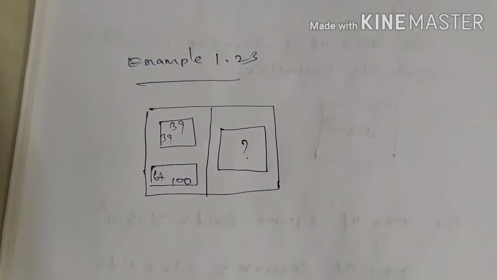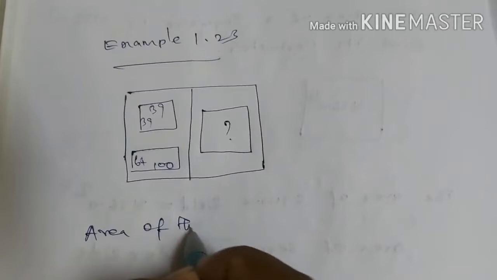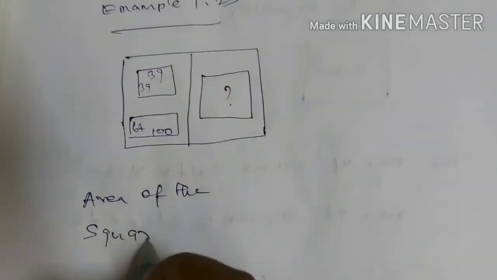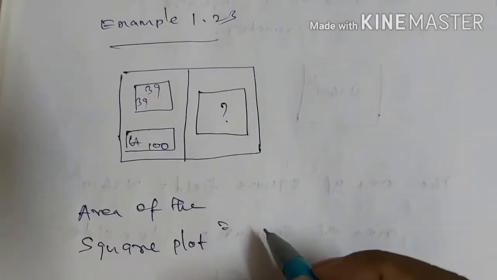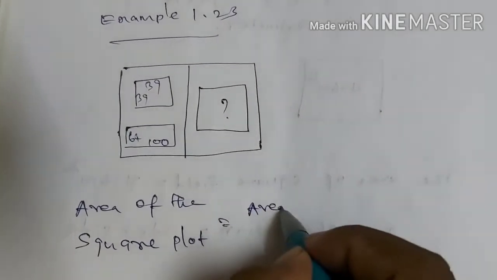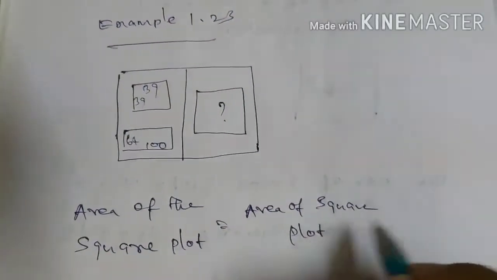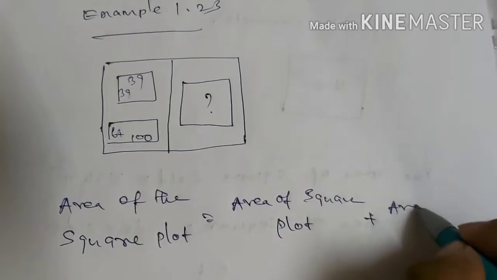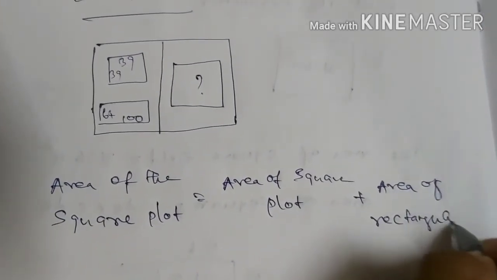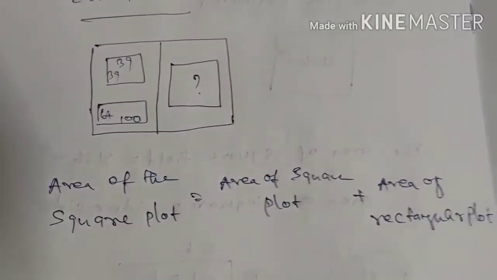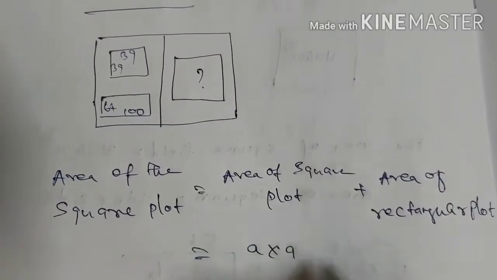So next, the area of the new square flat equals the area of the square flat plus the area of the rectangular flat. So area of the square flat, what is the formula? A multiply A, plus the area of the rectangle, L into B, length into breadth.